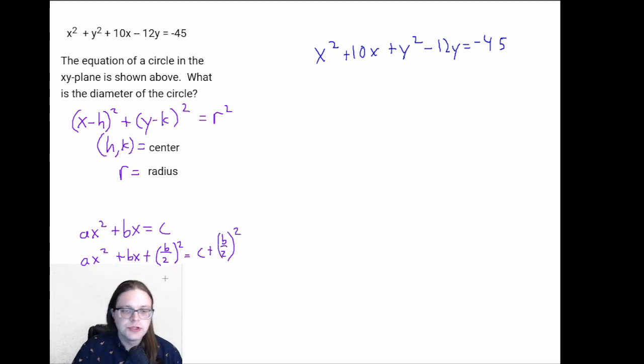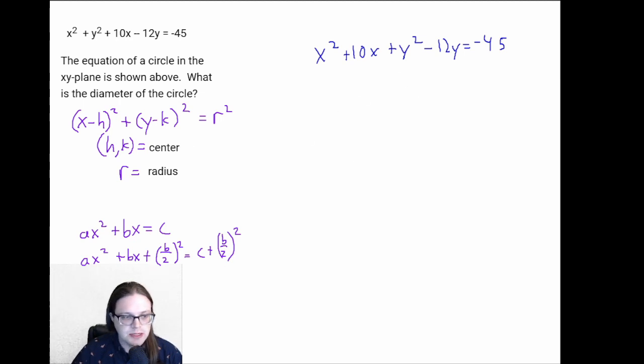So b over 2 quantity squared allows us to put this in the nice binomial format here, x minus h squared. We will be able to get it into that difference of perfect squares. And of course, we're adding b over 2 squared to both sides because what you do to one side, you have to do to the other.